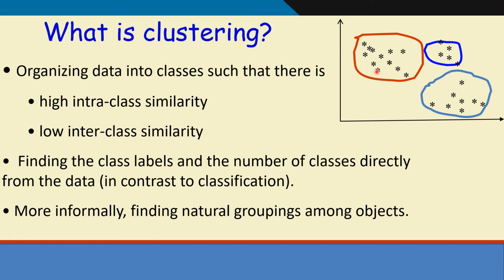And low inter-class similarity means the point in this group and the point in the other group should have low similarity. In clustering, we are finding the class labels and the number of classes directly from data, which is not the case in classification. It is like we are finding natural grouping amongst the objects that have been given to you.